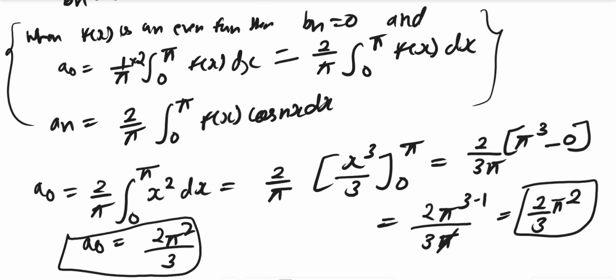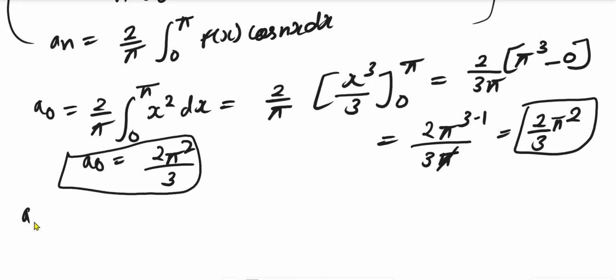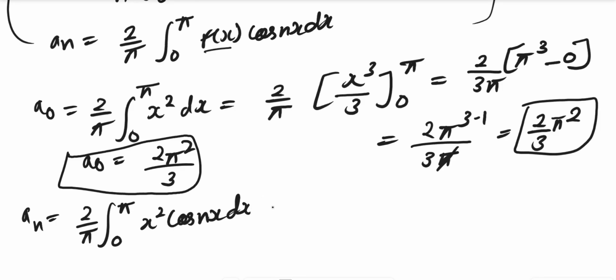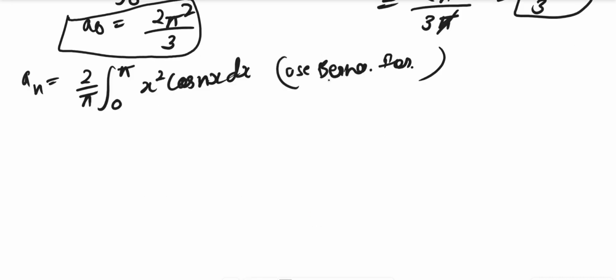Now find an. an is equal to 2 upon pi integration 0 to pi f(x), which is x square, cos nx dx, and to solve this we need to use Bernoulli's formula.